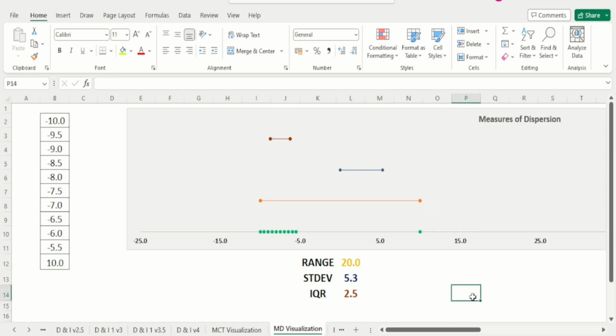Also, as you can see on this skewed data set, if somebody was to ask what is the spread of data, while if you look at range, the spread of data seems to be 20 data points. But is that a real practical description of the spread of data? Not really, because you see there's only one data point which is far towards the right, and including that data point actually does not describe the true width of data.